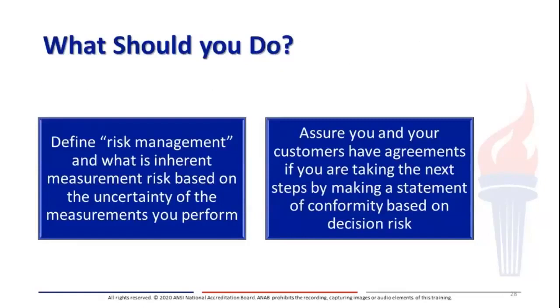So what should we do here? First and foremost, we have to define risk management and what is inherent measurement risk based on the uncertainty of measurements that you perform. That's a level of risk.